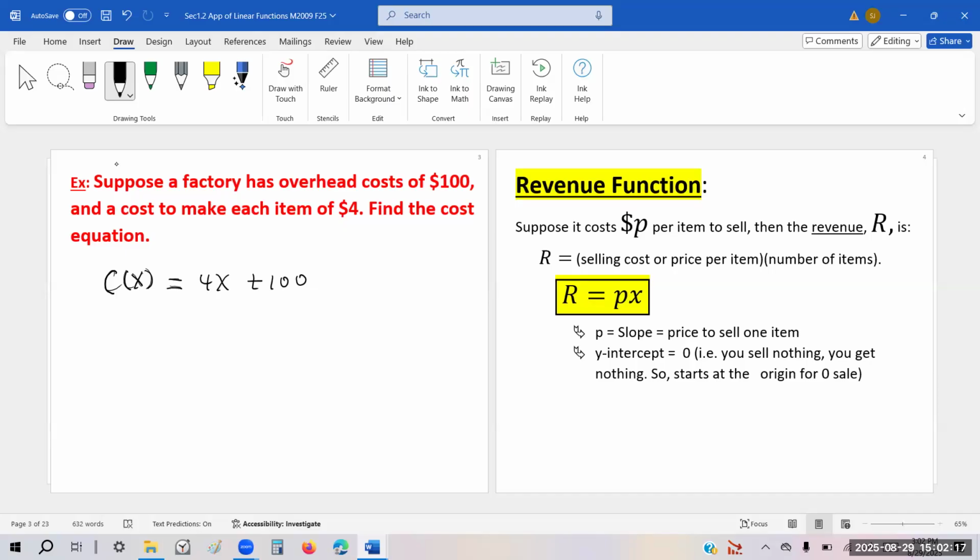So revenue is however many items you're going to sell, times its price. So R equals price per item times the number of items you're going to sell. Whatever money you have, that's your revenue you're going to get back from your customers.